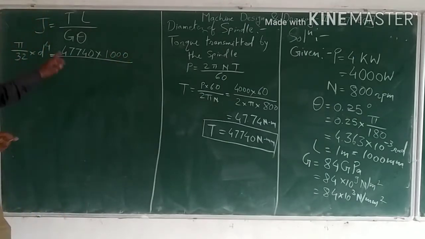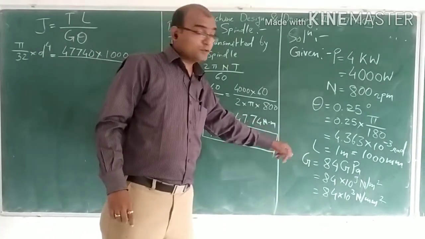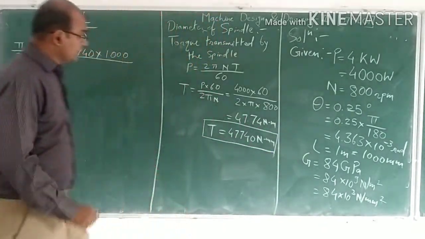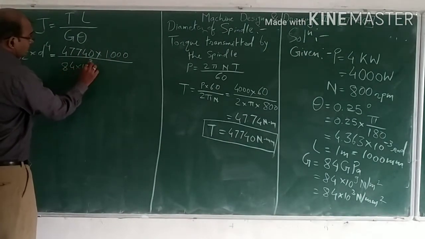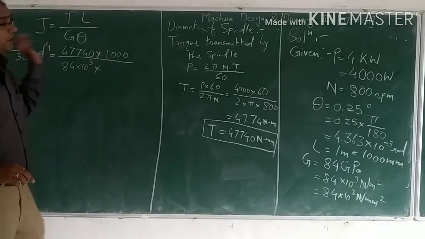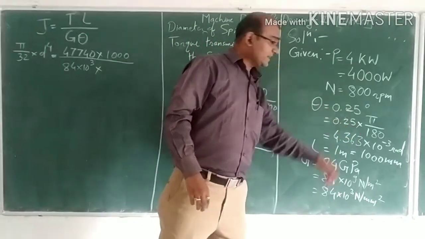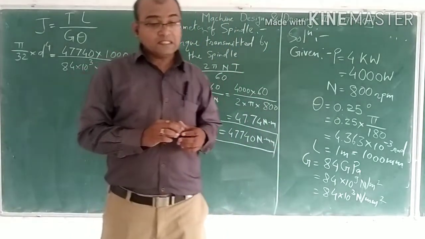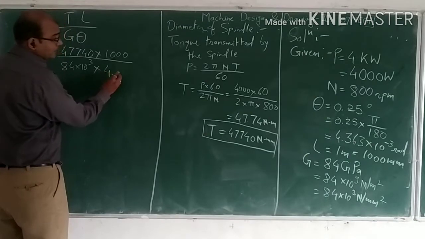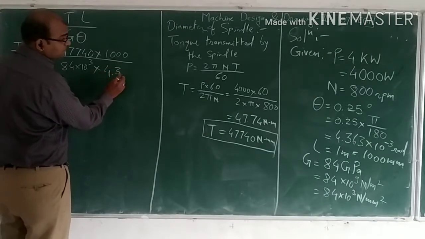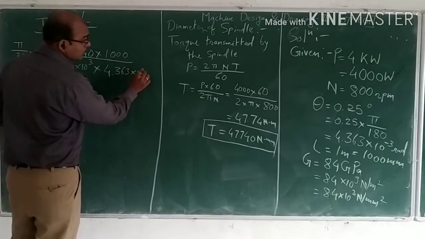Then we require G, also in terms of mm, so it's 84 into 10 to the power 3. And theta we have converted from degree to radian, so it's 4.363 into 10 to the power minus 3.